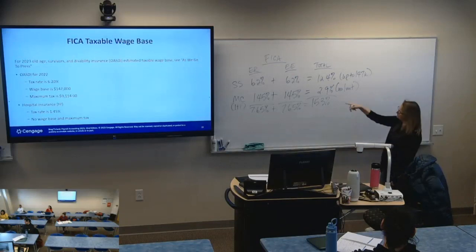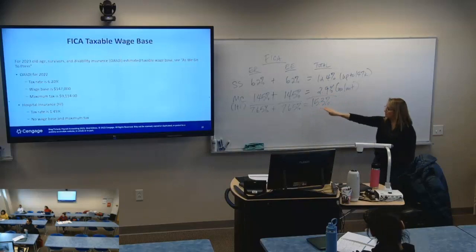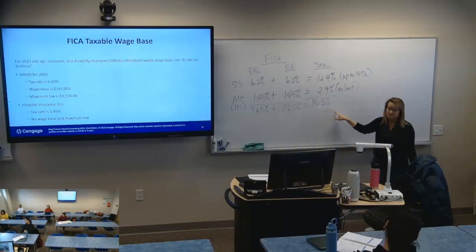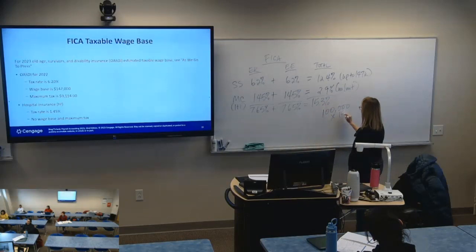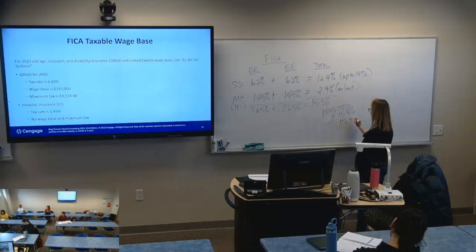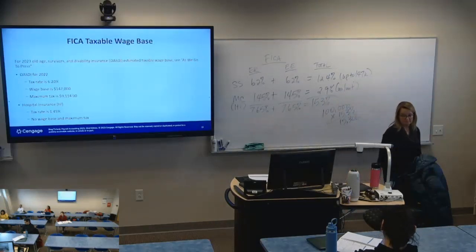So if they have income of $100,000, the total amount of Social Security and Medicare tax being paid toward that income is $15,300. $100,000 times 15.3% is $15,300. Half of it is being paid by the employee, half of it is being paid by the employer.